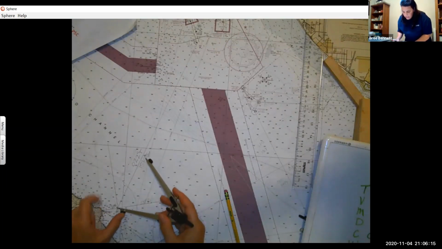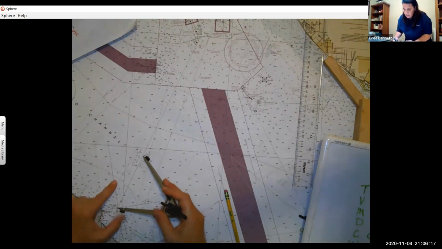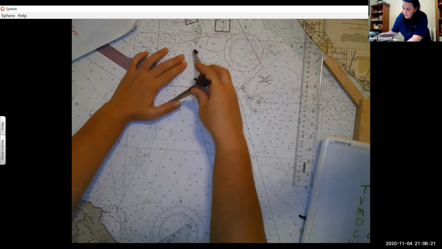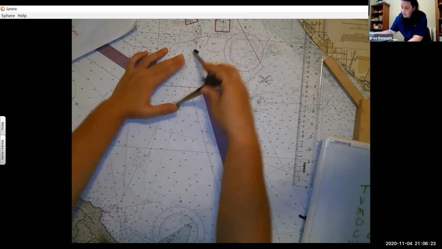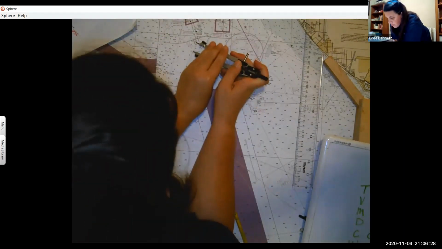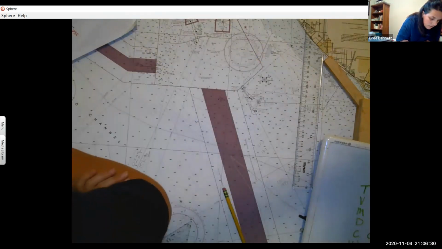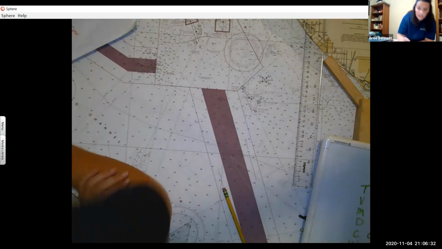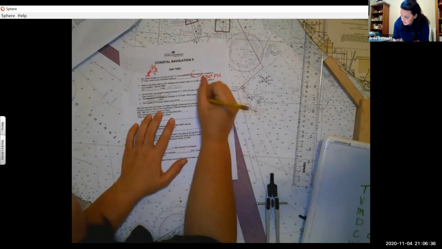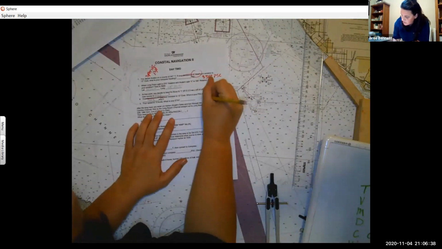From our 0900, we have 5, 10, 15. 15 plus 0.8. So I have a distance of 15.8.